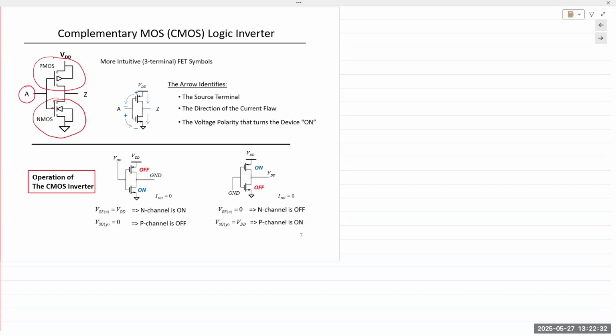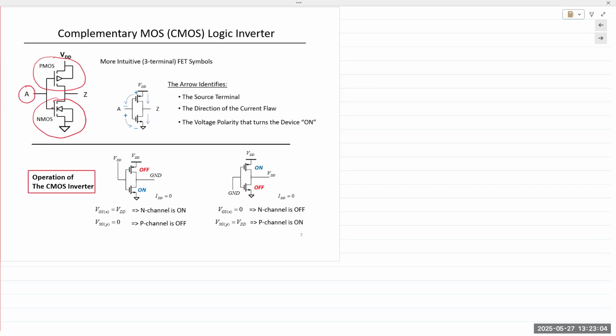So far, so good? Yes. So the question being asked is if Z is not connected to any load, like a follow-on circuit, then the NMOS... So Z is the output though.